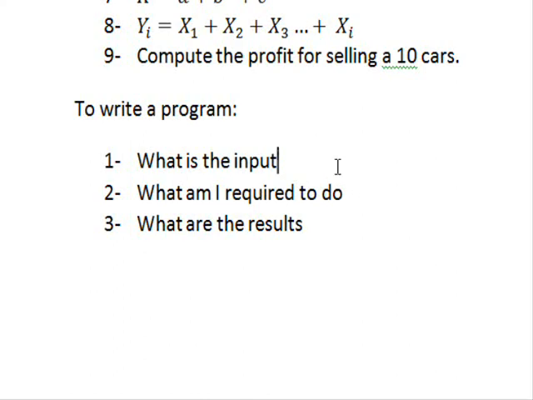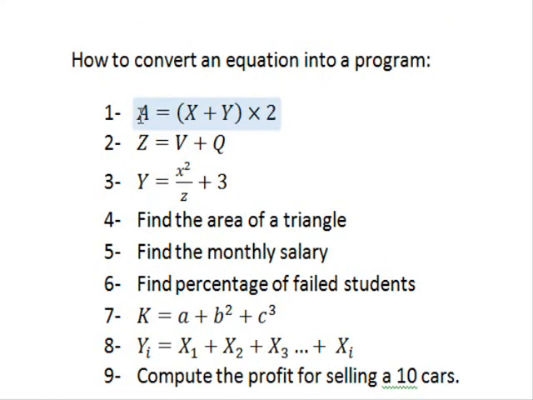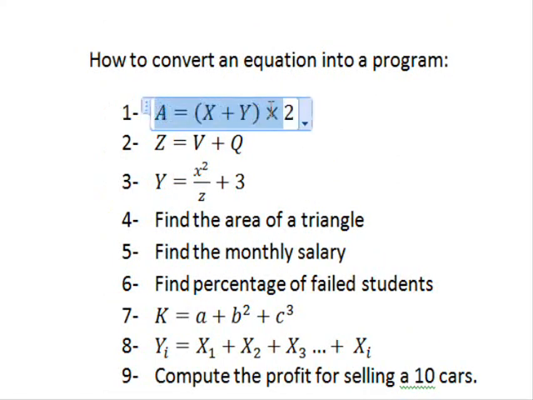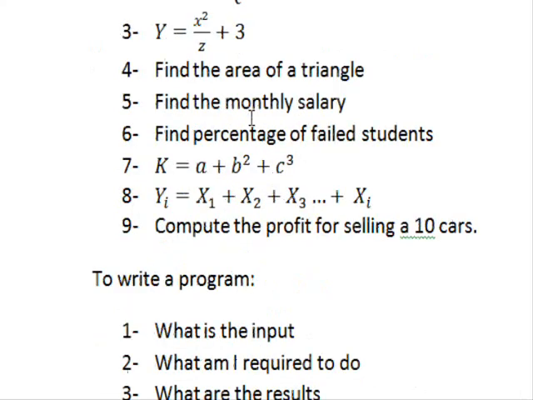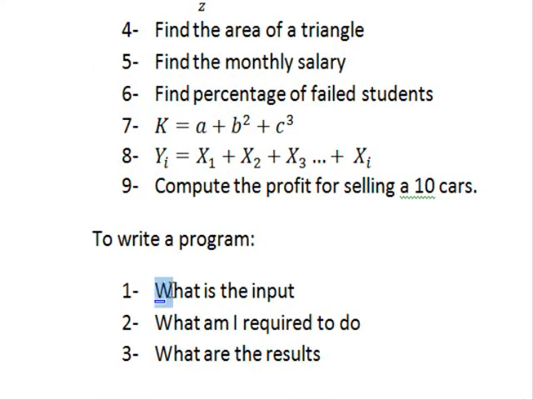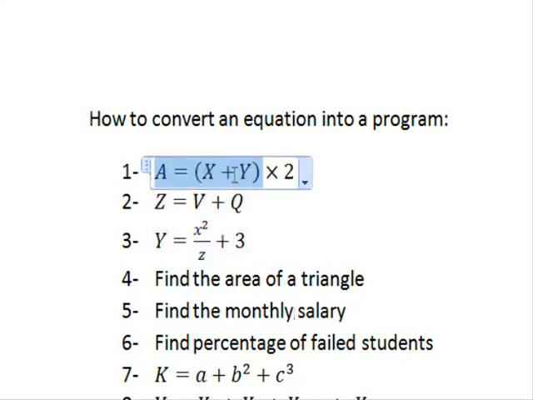Now, in this equation, for example, when you want the computer to solve it, or if you want to solve this equation by hand and you want to get the value of a, obviously you need to know what? You need to know x and y. Okay, it's similar here. So when you think about it, what's the input? In this case, for solving this equation, your input is x and y.